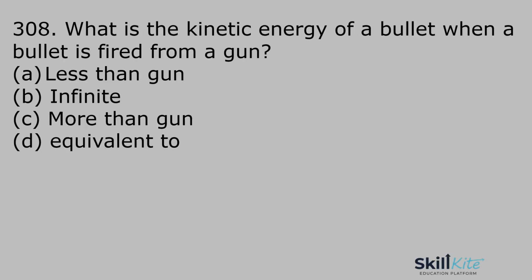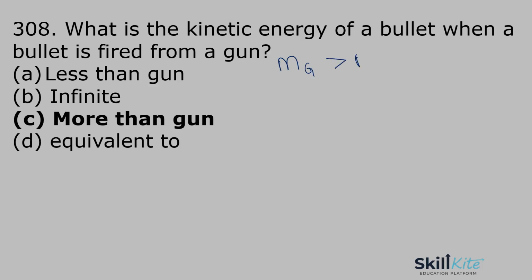What is the kinetic energy of a bullet when a bullet is fired from a gun? That is more than the gun. Let us say the mass of the gun is represented as mass of G, which is greater than the mass of the bullet.